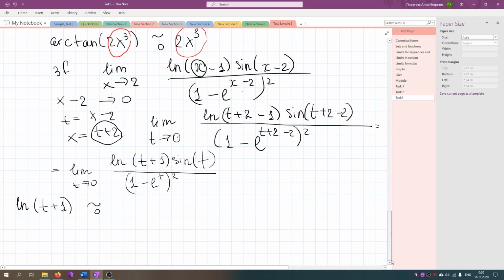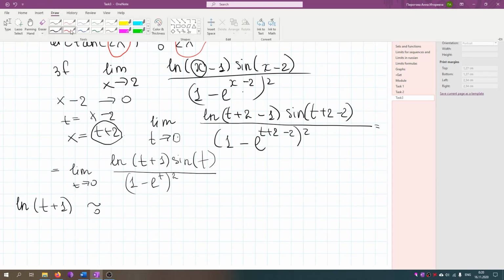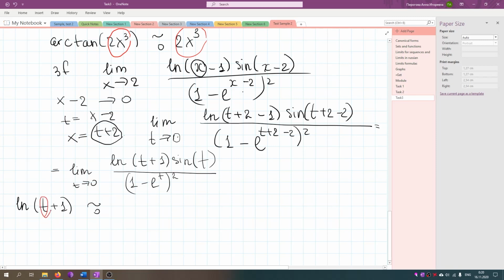And in our case, the argument is t, and we will get it in our equivalent function. Sine t is equivalent to t.